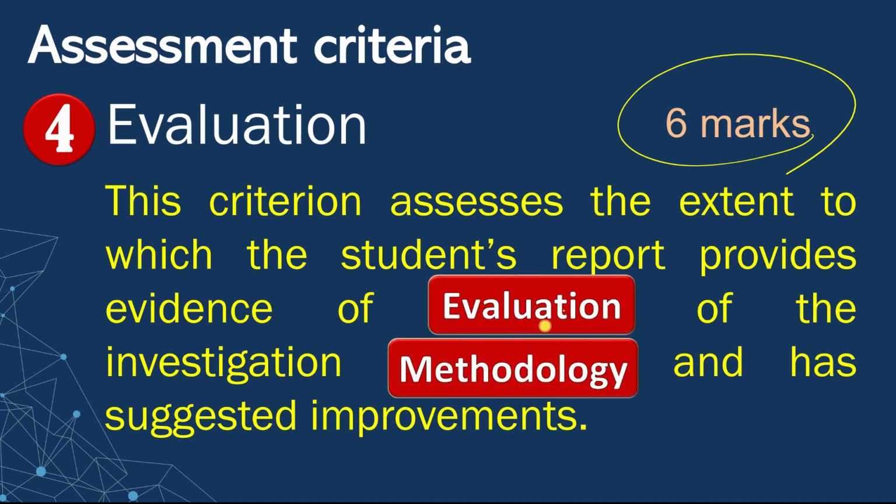In evaluation, I told you you may suggest some improvement, further investigation, whatever you have learned and weaknesses, strong points, whatever you had. How those evaluations you have presented are related to your methodology. You should be aware of the weaknesses of your experiment, the further investigation, the more possibilities you have for research and so forth. If you present them well, you will get 6 marks here.